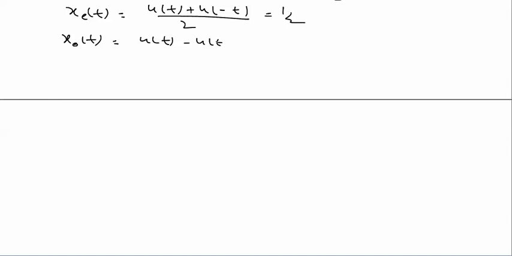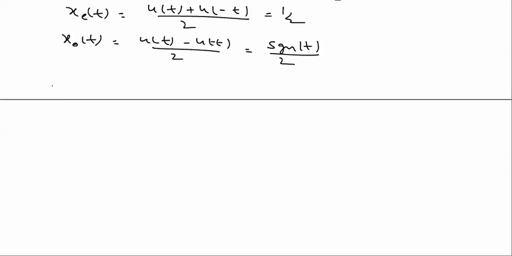First we graphically differentiate the even and odd portions. With the formula, the even portion is u(t) plus u(minus t) divided by 2, which is half. The odd portion is u(t) minus u(minus t) divided by 2, which is the signum function divided by 2.